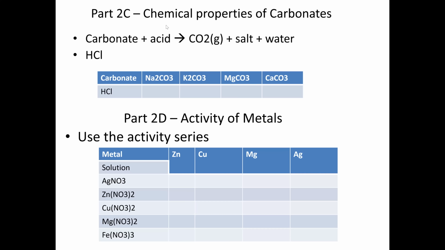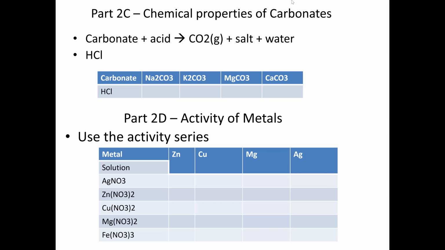So the last two parts of the chemical properties section of experiment 1 deal with the chemical properties of different types of carbonates when reacted with an acid, and also reacting different metals with different types of metal solutions.